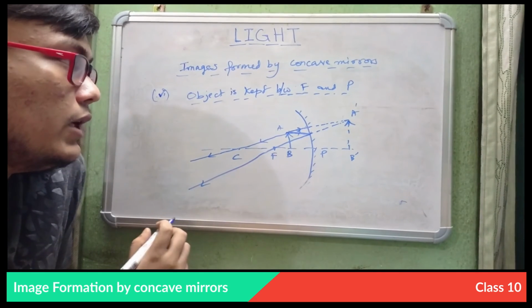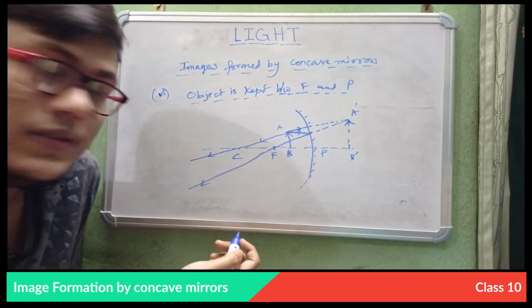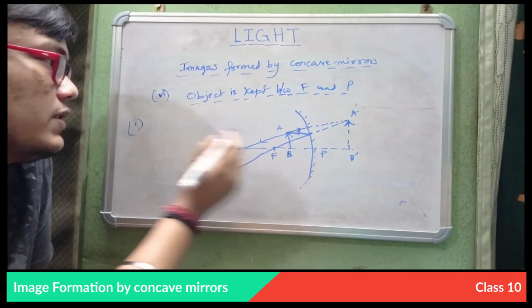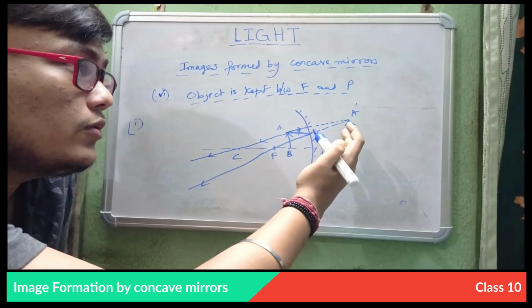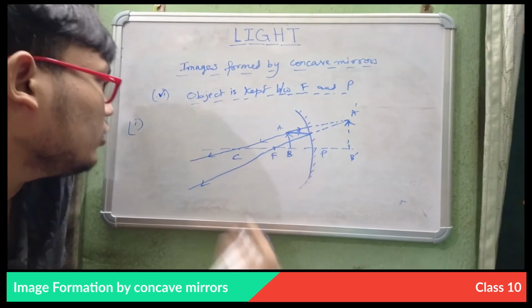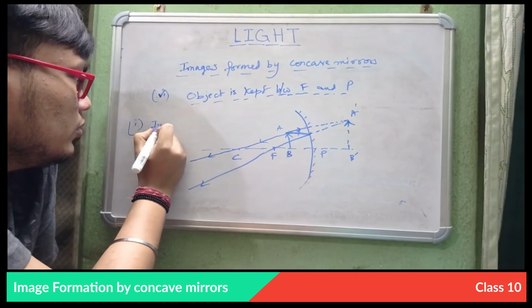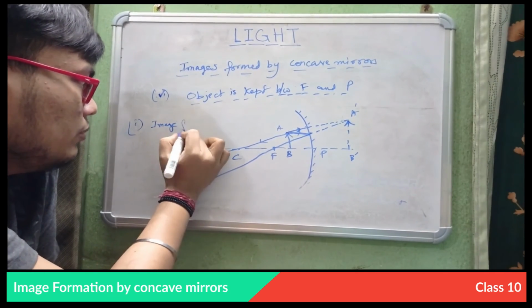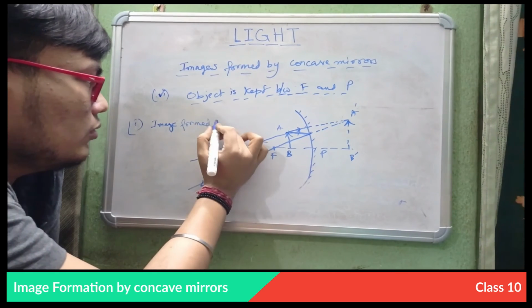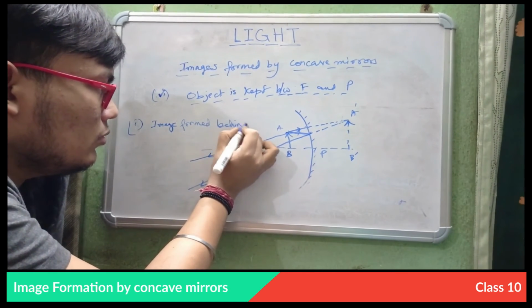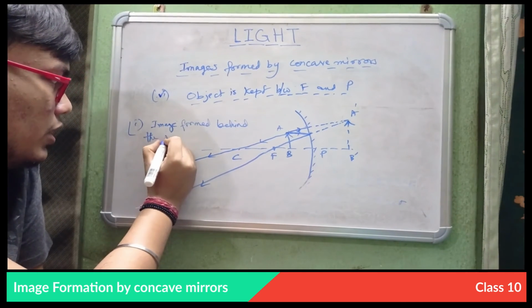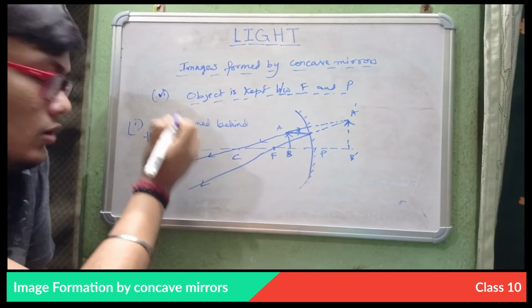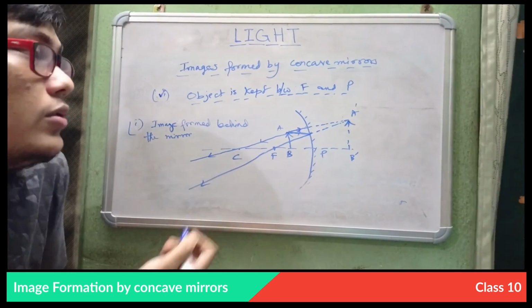So if we note down the characteristics from this ray diagram: the image is formed behind the mirror.